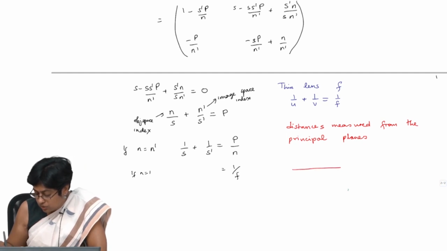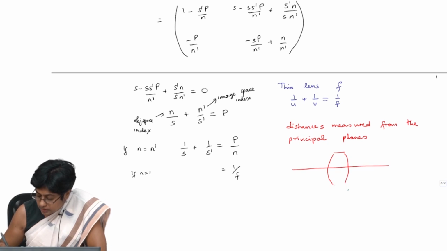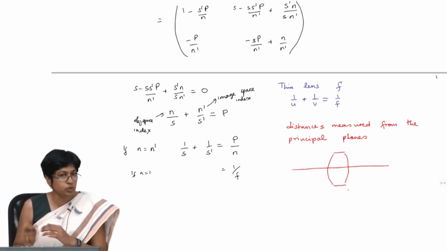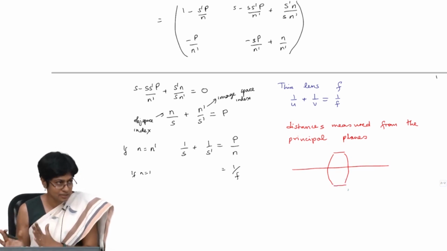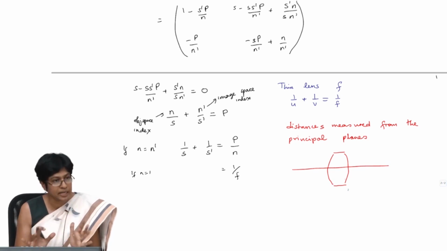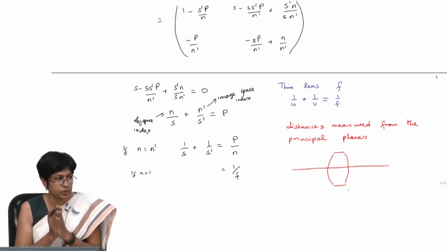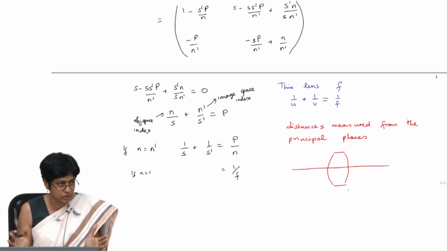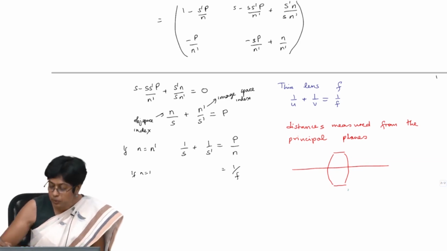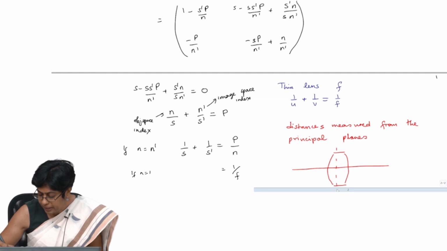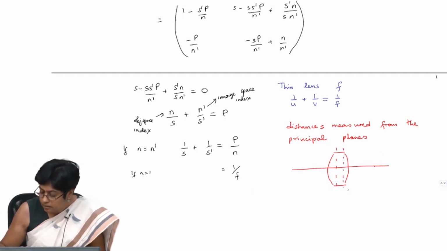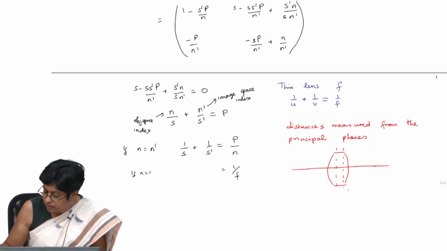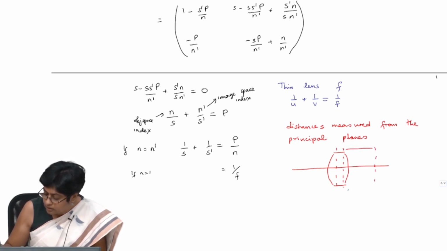And just to reiterate, if you're talking about a system, or in this case I'm just drawing a simple thick lens, but of course this applies to a system, as I said, which could have many lenses and spaces in between. Once you have located the principal planes of your system, the focal distance is then defined as the distance.